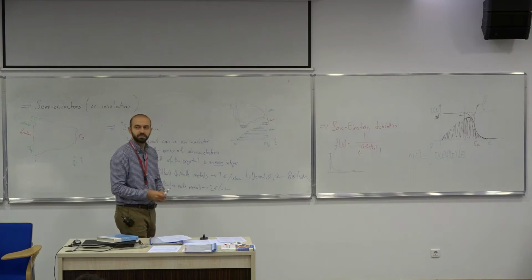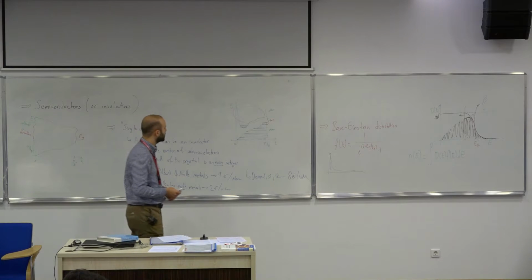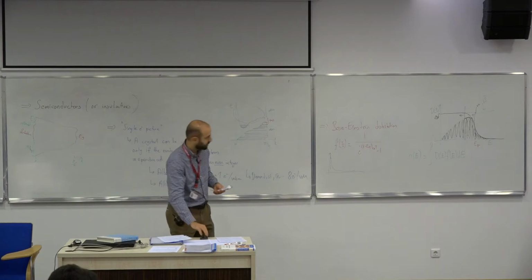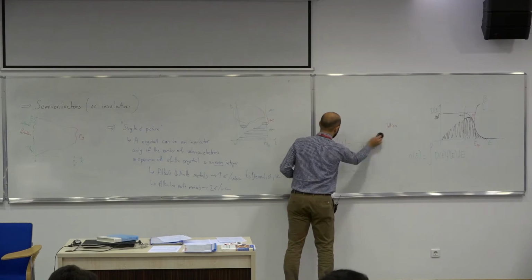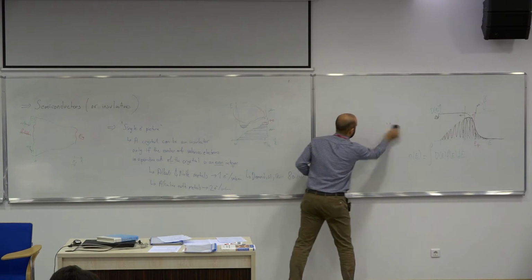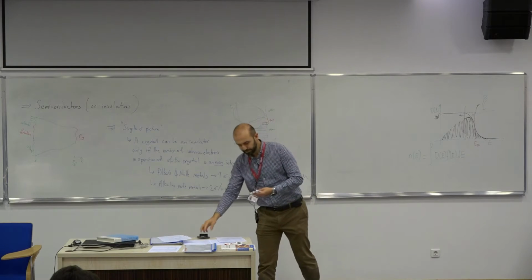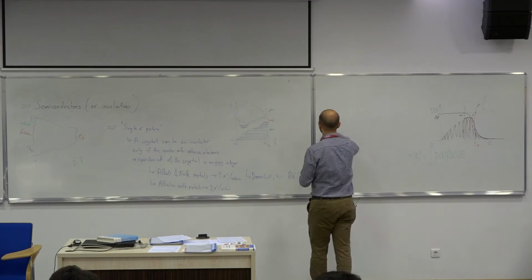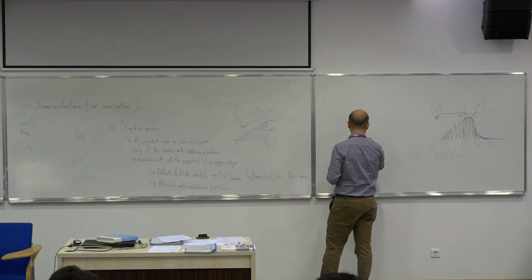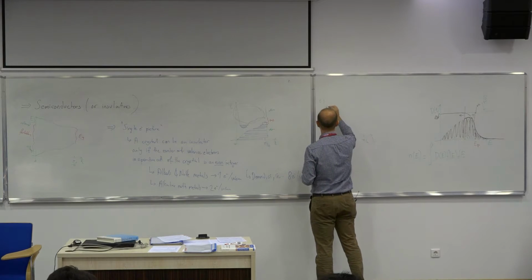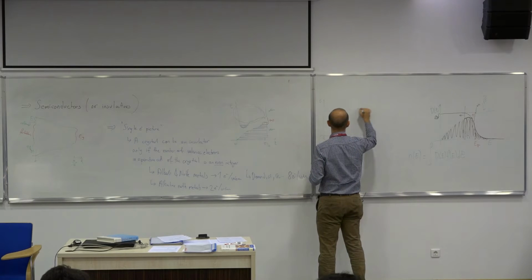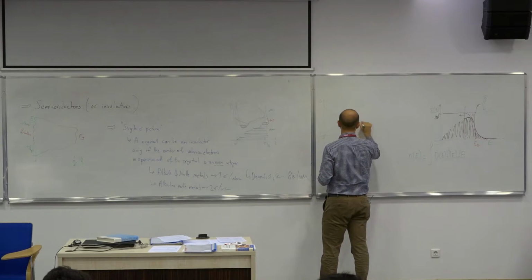It's an even number. So what you end up with is something like this. This is again K, pi over a, 0, E. Now let me draw a different type of band.